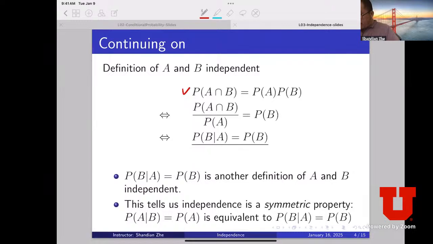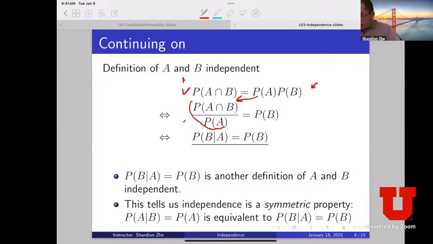If we divide both sides by P of A, the ratio between P of A intersection with B and P of A equals P of B. Everyone is comfortable with this? We just divide by P of A on both sides.